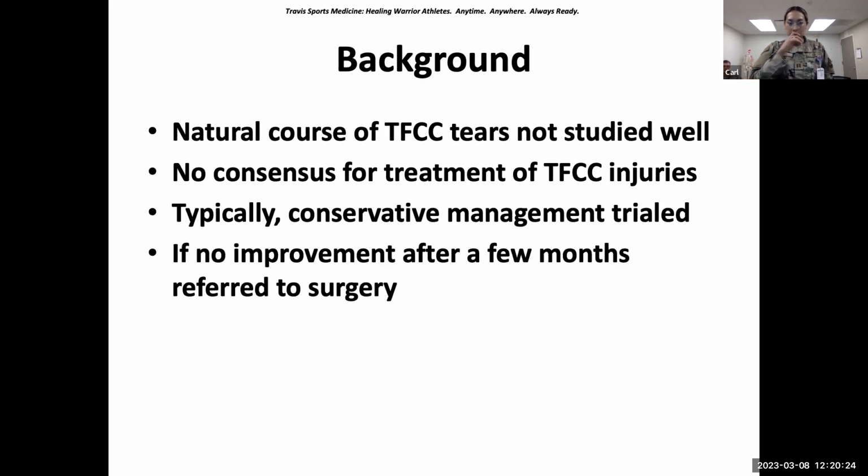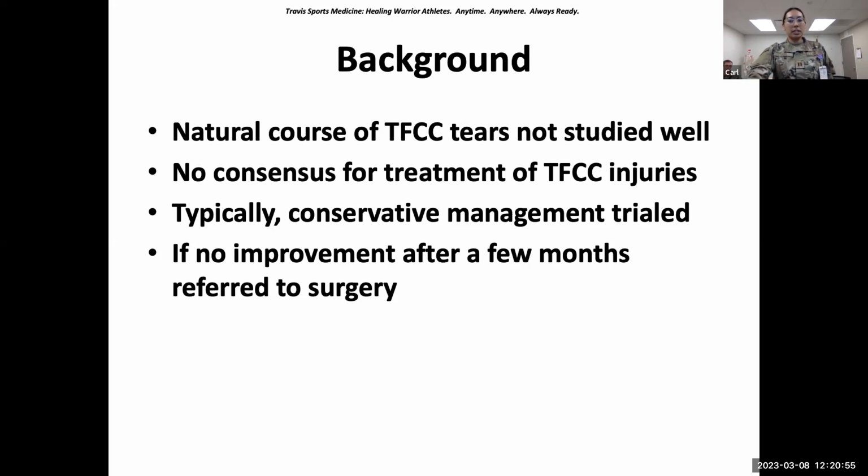So background, as we just talked about, there hasn't been a lot of studies that look at the natural course of TFCC tears. Also, there's no consensus on the treatment for TFCC injuries. Conservative management is usually trialed if there's no DRUJ instability, and if they haven't improved with the conservative management, which we'll get into, then we typically send them to surgery after a few months.